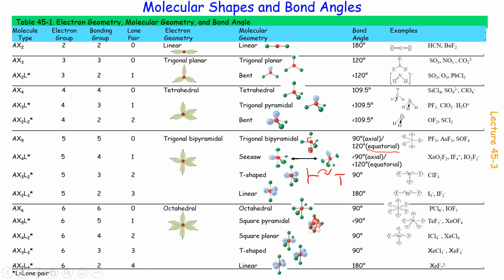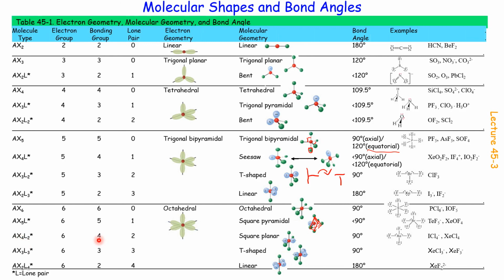Because the lone pair electrons occupy greater space, the bond angles are slightly less than 90 degrees. And those are the molecules with square pyramidal shape. Now let's take a look at molecules with 4 surrounding atoms and 2 lone pairs.